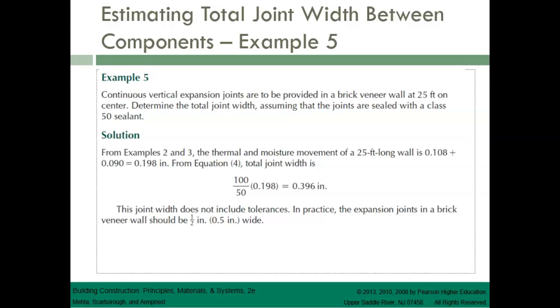We end up with 0.198, and we multiply that number by 2, so there should be plenty of extra movement allowed in that joint. Our total number here is 0.396, and with typical construction tolerances, that 0.396 would turn into a 1/2 inch wide joint.